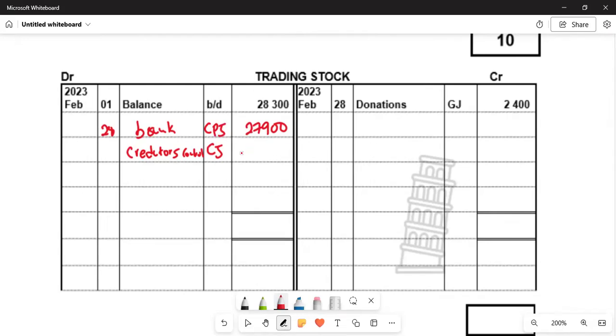How much was the one that we bought on credit? It was 25,990. Also, still remember about cost of sales from DAJ, Debtors Allowance Journal, of 600. So also the petty cash.